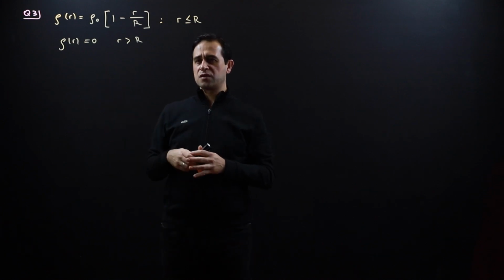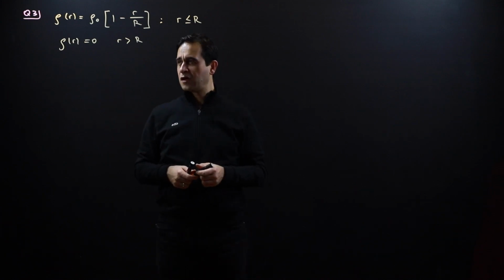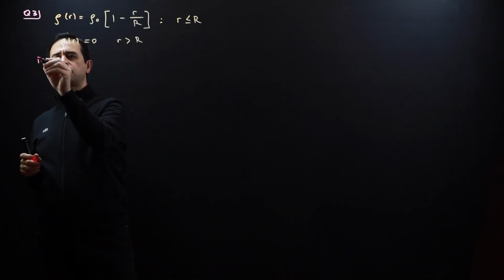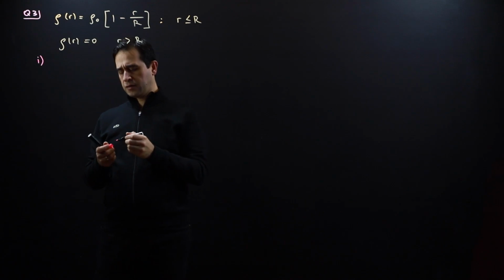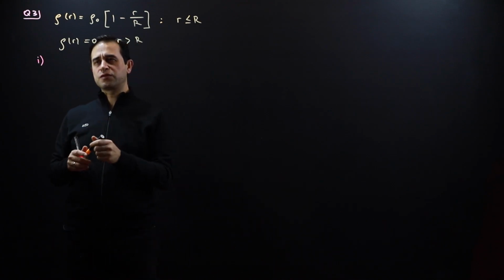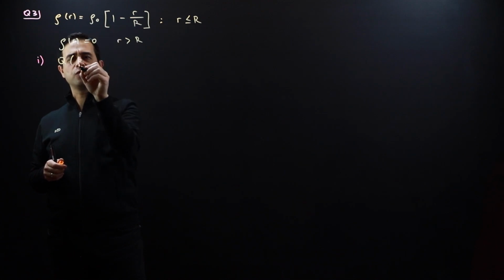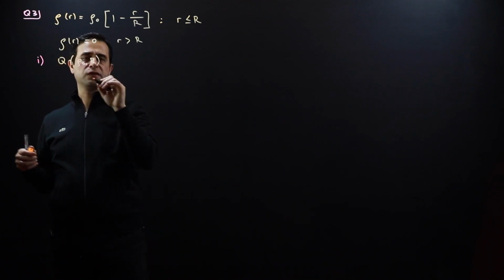And the question has two parts. The first part is to find the total charge Q in terms of rho 0 and R, and obviously some constants.